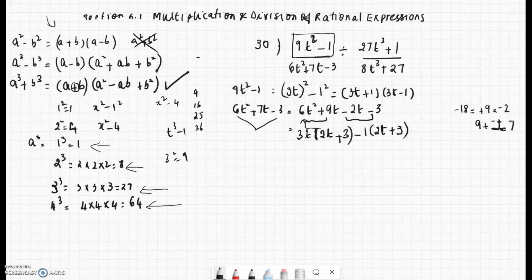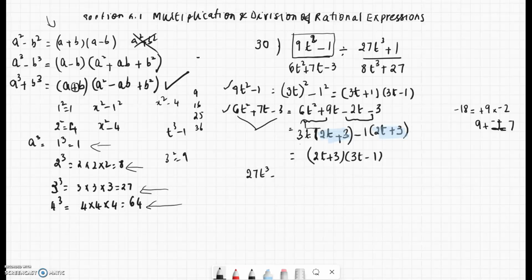We factor out a minus 1, and we get a 2t plus 3. Now the common factor between these two is a 2t plus 3. Factor that out, and you're left with 3t minus 1. 2t plus 3 times 3t minus 1. So that's factored.